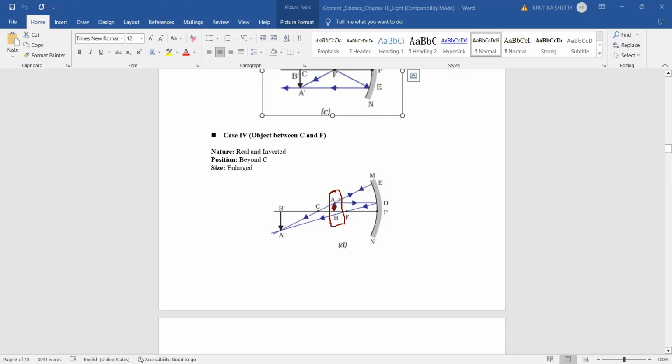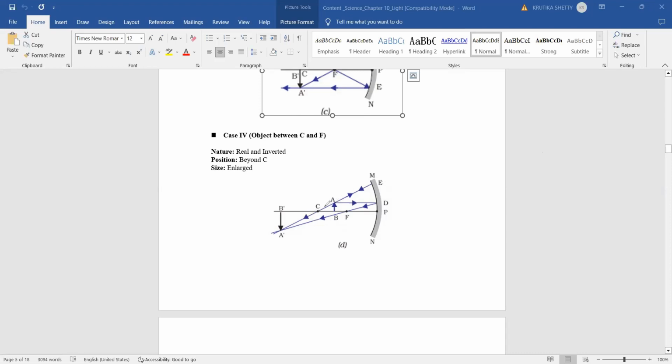Which rays are they considering? One, the ray which is parallel to the principal axis, after reflection returns back and passes through the focus. You can see where it meets. So one is parallel to the principal axis passing through the focus. One more ray is passing through the center of curvature.